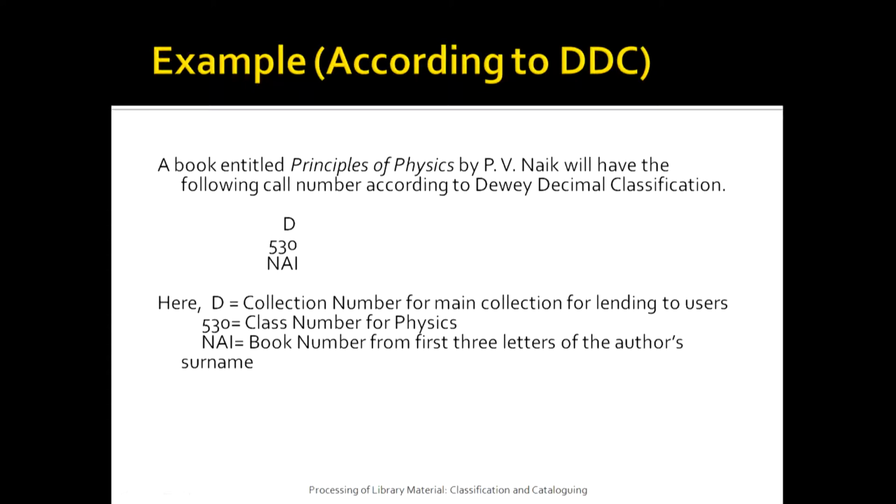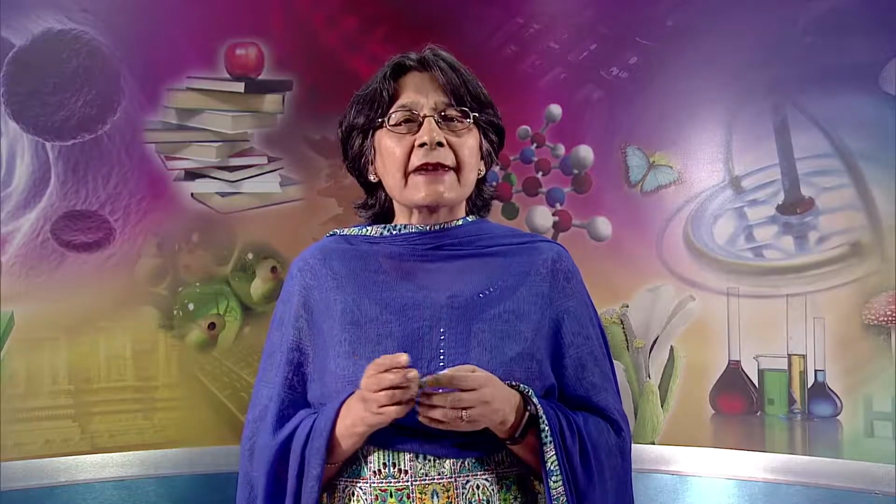Here D stands for collection number for main collection for users of the library, that can be books that can be lent to the users. Then 530 is class number for the subject physics, and lastly NAI, that is book number from the first 3 letters of the author's surname Naik. So, NAI. In many cases the book number could also be according to the year of publication.